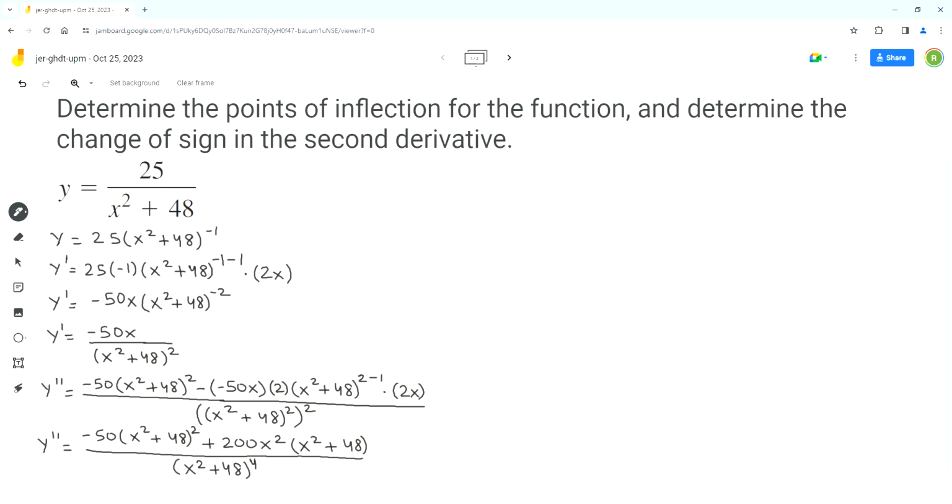Now for inflection points, we can set y double prime equal to 0 and then solve for x. So we can continue here. We get 0 equals negative 50 times.